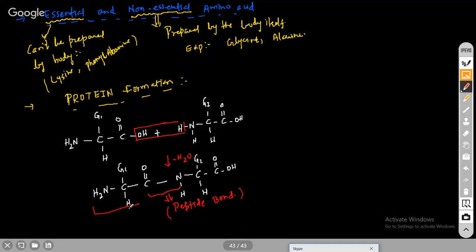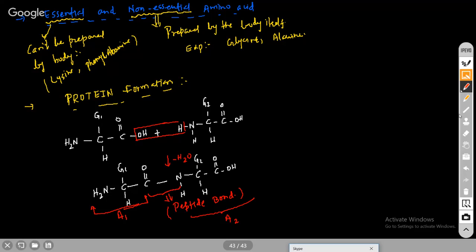This is one amino acid, and this is another amino acid. Similarly, we can have A3, A4, A5, A100 like this. We can have a large chain with this peptide linkage or peptide bond.